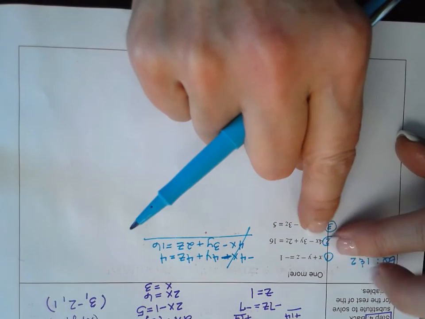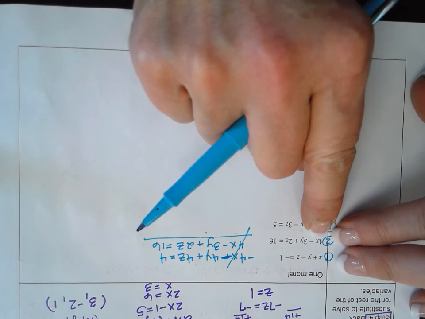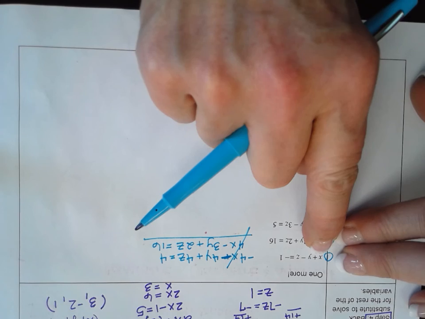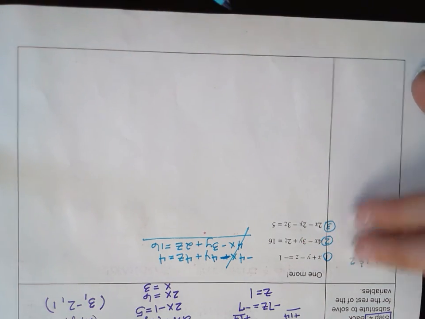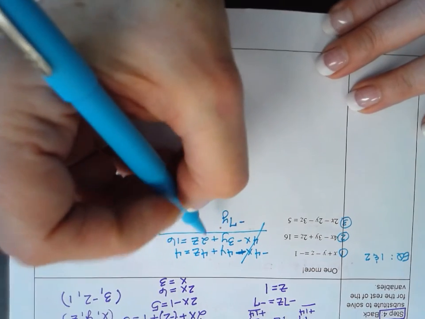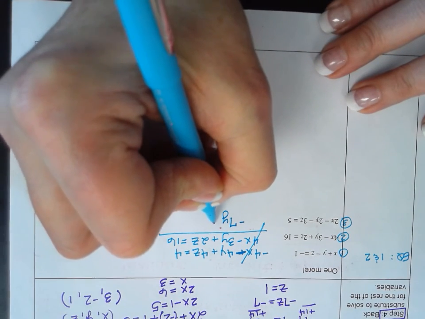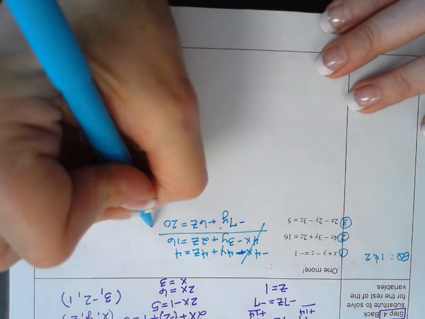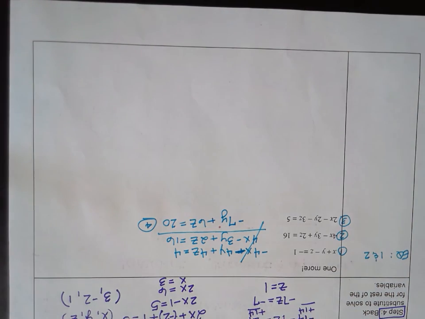I'm using equation 1 and 2, and I wanted to get rid of x. So 4x, I multiplied by -4. All right, so when I add the two equations together, I'm going to get -7y plus 6z is equal to 20. And I'm going to call that equation number 4.